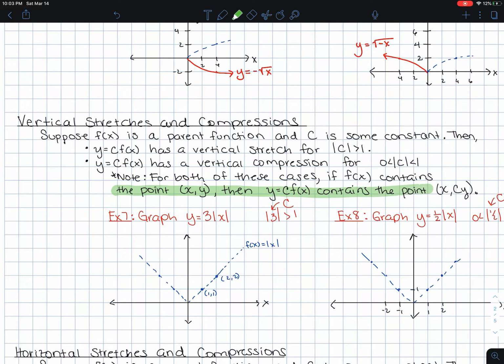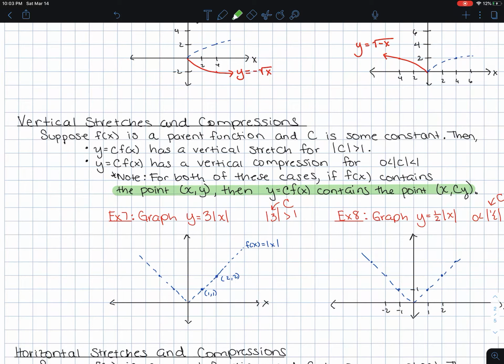I do tell you how the point x, y shifts for vertical stretches and compressions. So if your parent function has the point x, y, then your new function has the point x comma cy.